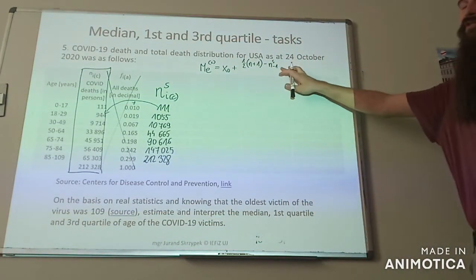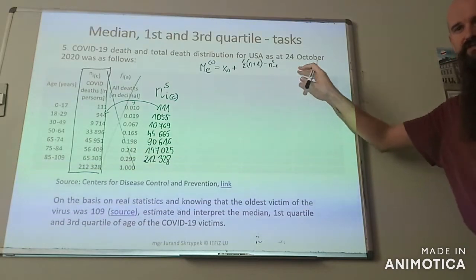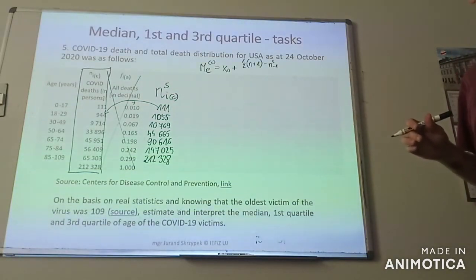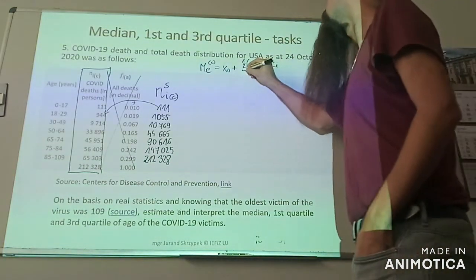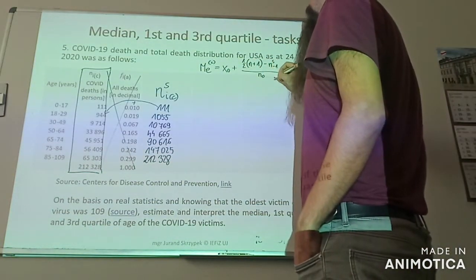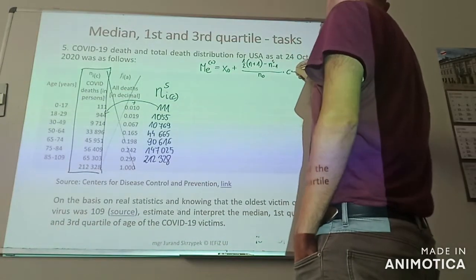It means the cumulative frequency from the class that precedes the class of the median, divided by n0 multiplied by the range of the class.